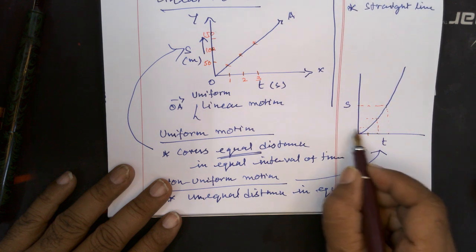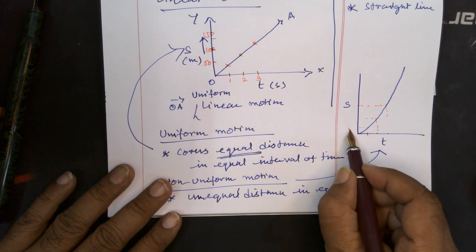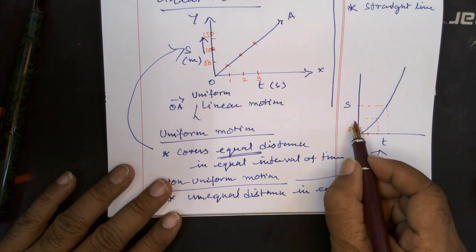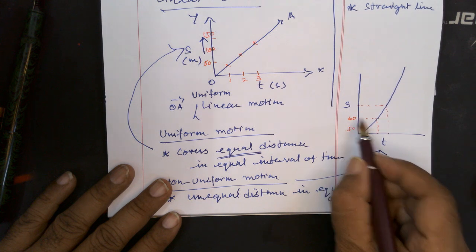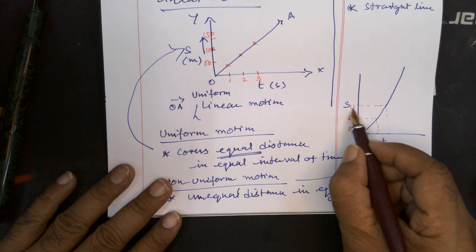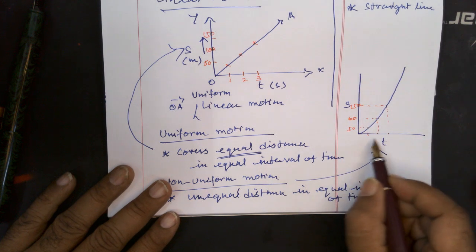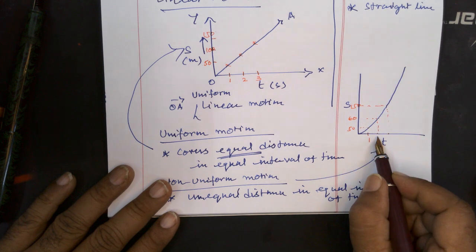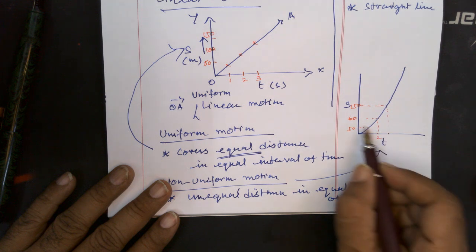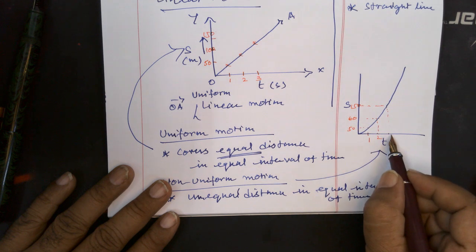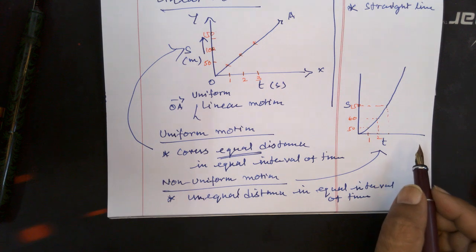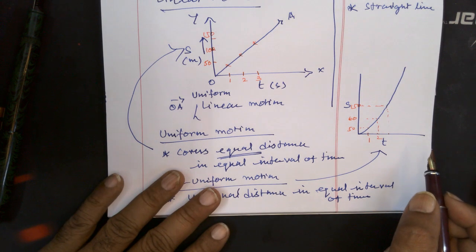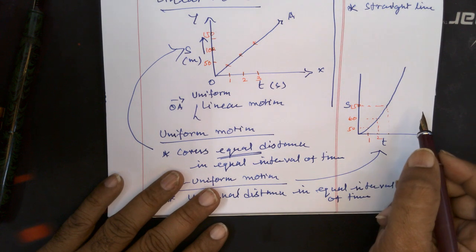Of course let me say this is 50 meter, and this is 60 meter, and this is 150 meter, like that. So in 1 hour it is 50, in next 1 hour it is 60, in next 1 hour it is 150, means the speed has increased. Okay, it is not uniform.